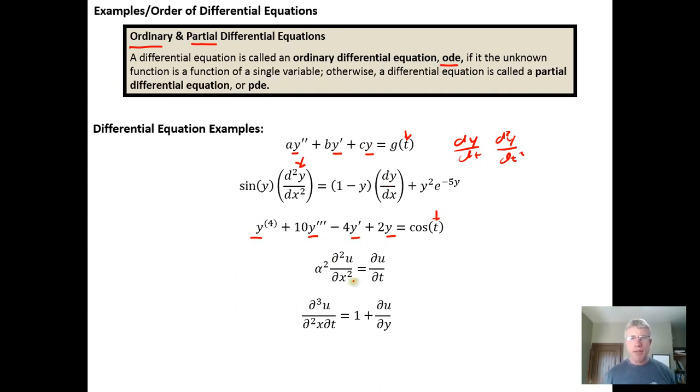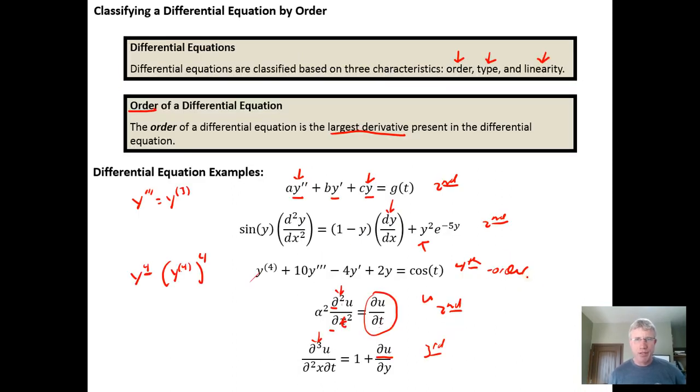This is an ordinary differential equation because it involves y as a function of a single variable t and derivatives of y. Here we have functions of two variables, x and t, and this would be a partial derivative. These are partial derivatives here. So we have the partial derivative symbol, partial t. We have partial x.